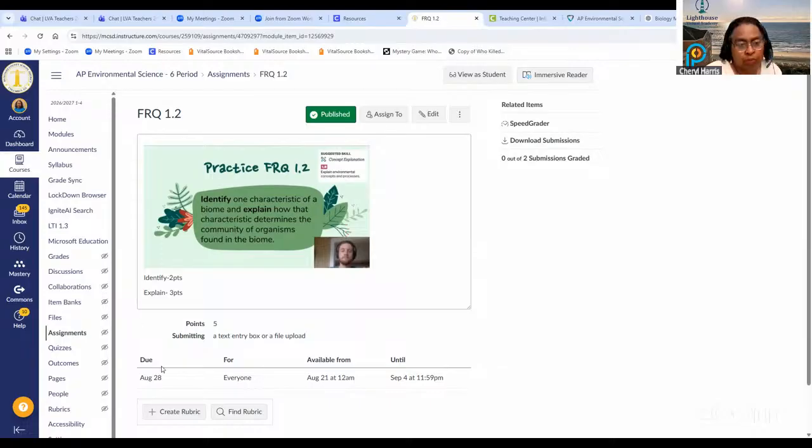If you haven't done your gallery walk, let me go back to that. I believe everybody has successfully posted their biome project. You had to look at 3 other people's projects, preferably one of each: one commensalism, one parasitism, and one mutualism.